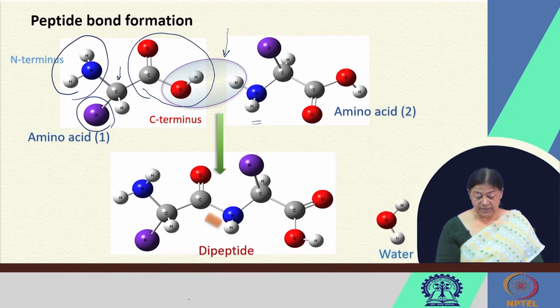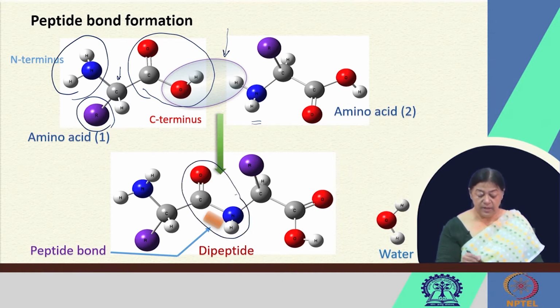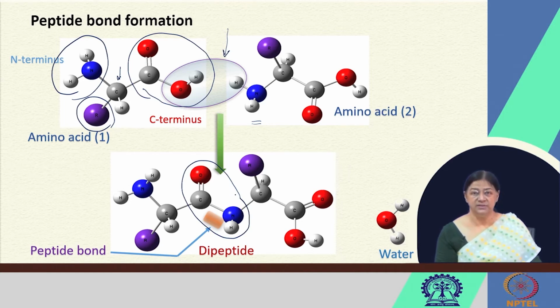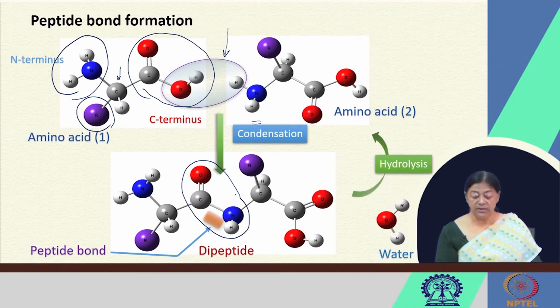So, in this process, we have the formation of a dipeptide, and this is the peptide bond. Now, this peptide bond has very unique characteristics, unique geometrical constraints, which we will understand in this lecture. This process is known as condensation.